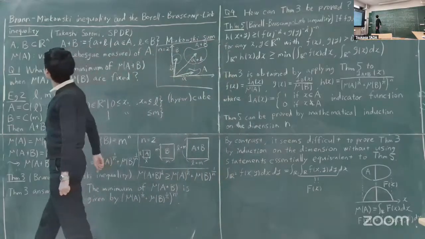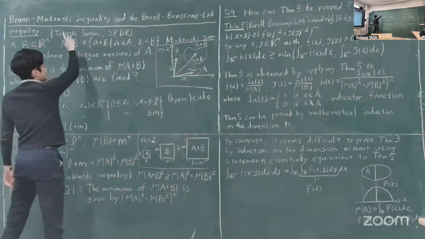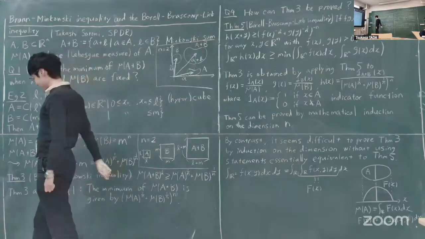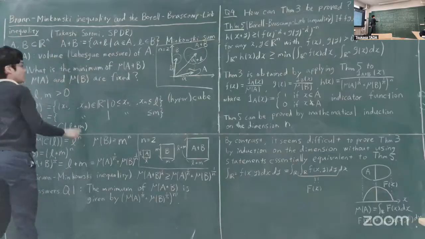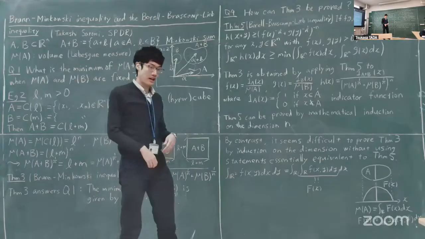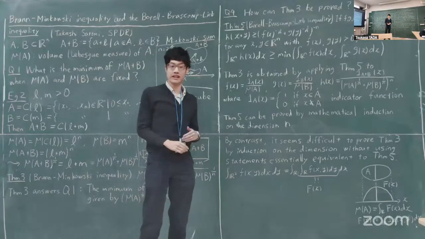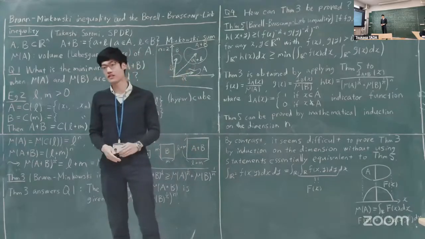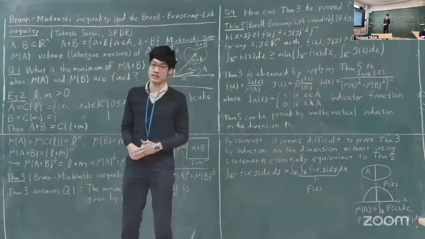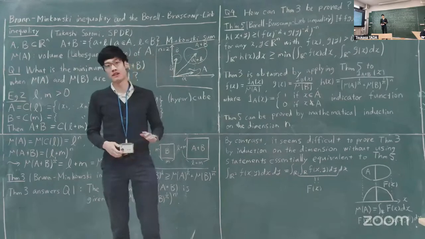I would like to talk about the Brunn-Minkowski inequality and the Borell-Brascamp-Lieb inequality. The Brunn-Minkowski inequality is a fundamental inequality in geometric analysis, and it is essential because it yields many inequalities used in various fields.